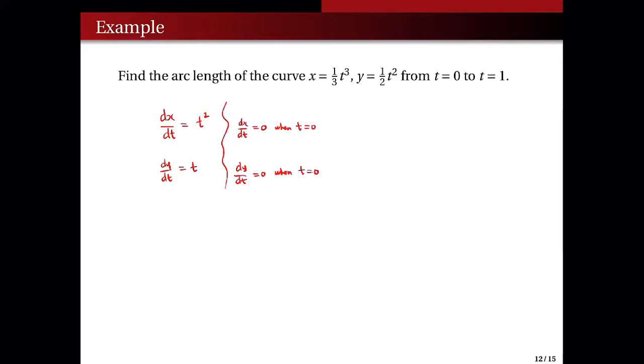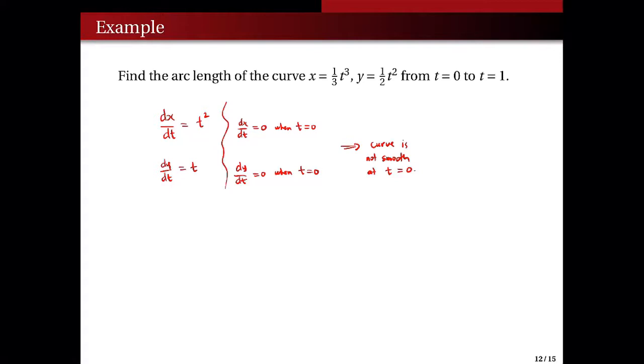This means the curve is not smooth at t equals 0. But for us, it will be totally fine. Because anyway, t equals 0 is an endpoint.